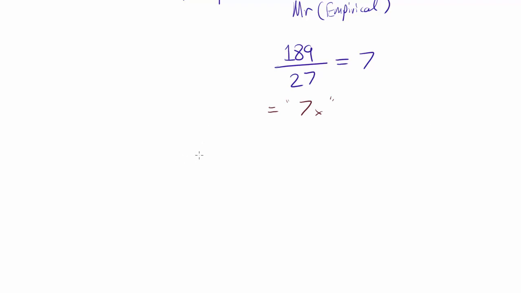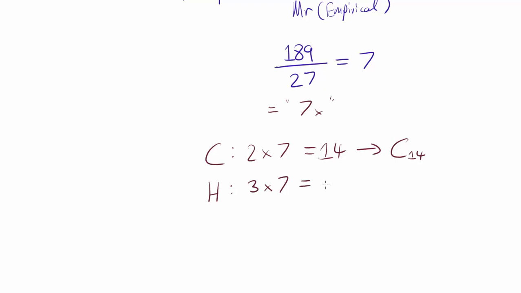So for carbon, as you saw, it's C2H3, so for carbon we're going to have 2 times 7, right? And if you do that, that's 14, and therefore for the carbon in the molecular formula it's going to be C14, right? Now for hydrogen, obviously it was H3, so we're going to have 3 times 7, and that's equal to 21, right?